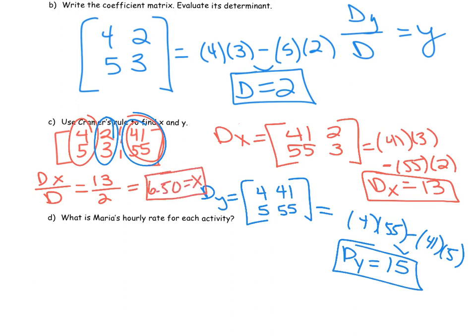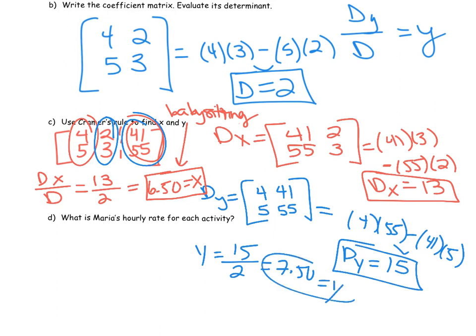So she's getting paid $6.50 an hour for babysitting. Okay. And let's calculate y. So y is going to be dy over d, which is 7.5. So she's getting paid $7.50 an hour for yard work.